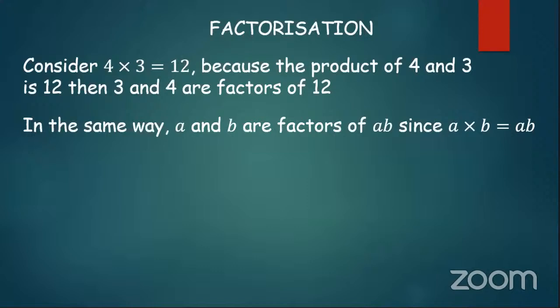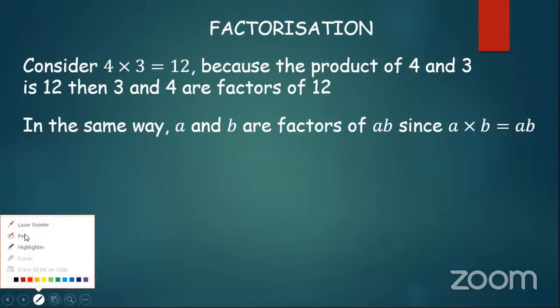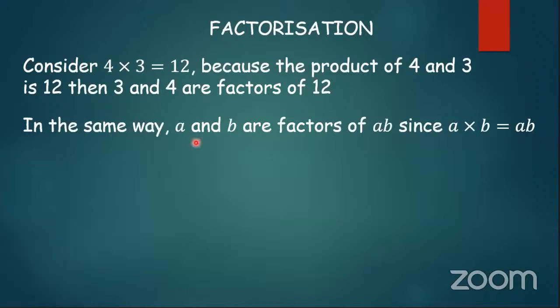So we can say in the same way, when we get A and B, A and B are also factors of AB, because when we get A times B, it gives us AB. Yes, Tracy?